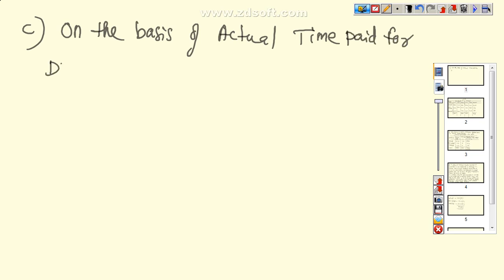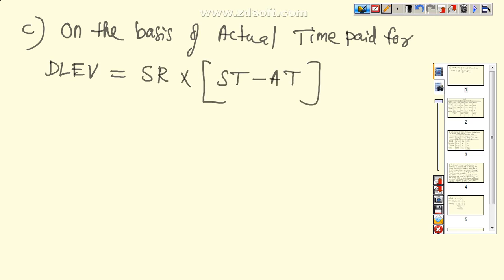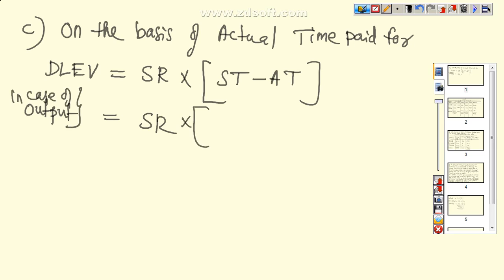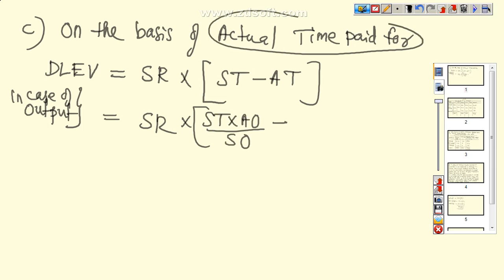Direct labor efficiency variance is equal to standard rate multiplied by standard time minus actual time. Here the question is based on output, so we have to change the standard time. In case of output, we have to change this equation: ST into AO upon SO minus, here we are taking actual time paid for.